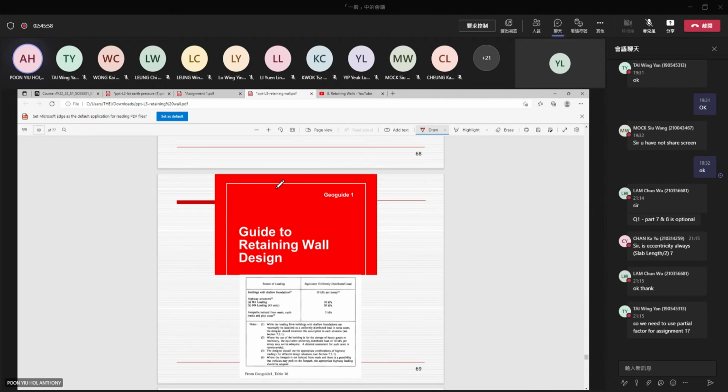So this is where you can find the values for the surcharge. If you want to make reference, you can make reference to this table.